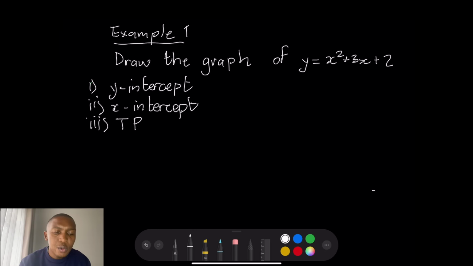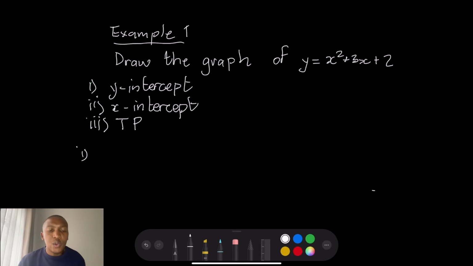If you don't mind, I'm just going to abbreviate it as TP. So in this particular case, we're trying to draw this graph, and we want the y-intercept, the x-intercept, and the turning point, and thereafter we can draw the graph.